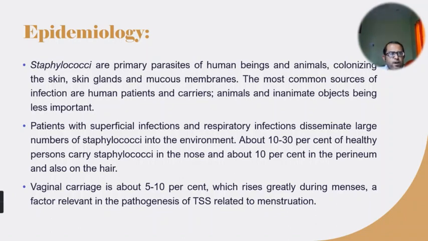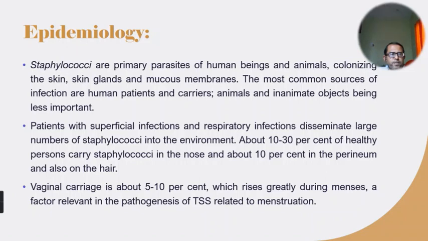Animals and inanimate objects are less important, but they can also initiate staphylococcal infections. Patients with superficial lesions and respiratory infections give out large quantities of staphylococci into the environment.